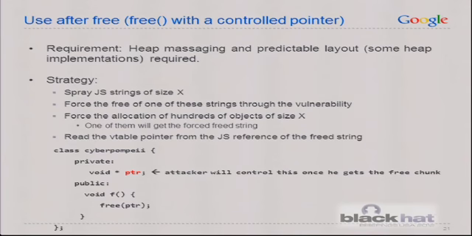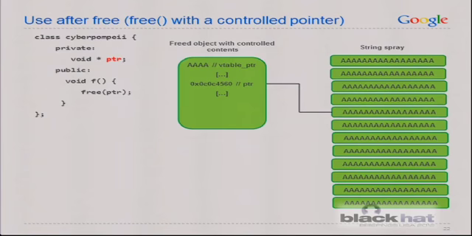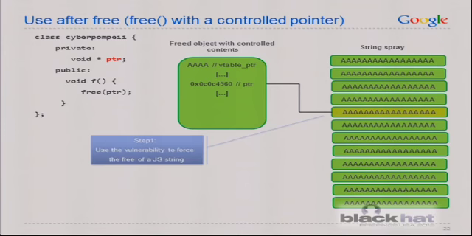The idea here is that we spray a lot of strings. As you can see here, we have the freed object with controlled content. So the vtable pointer, we don't care because it's not going to deref it. But the PTR, we control it. And if we can predict the layout, we can point the PTR to one of those strings. So by exercising the functionality, it's going to free that string.